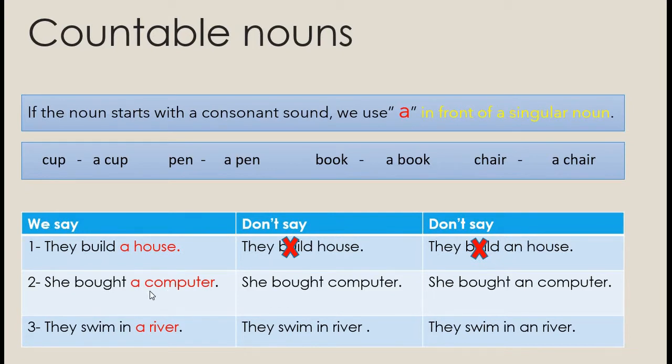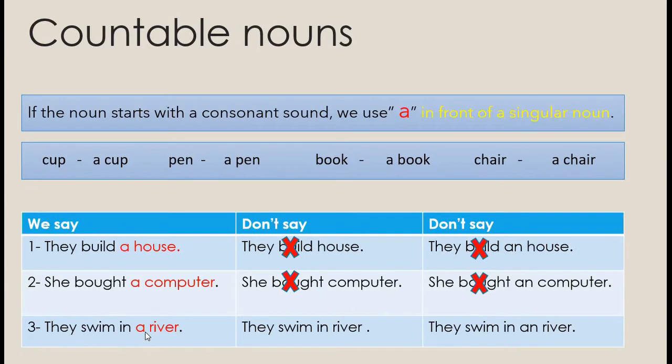We use a before it because it starts with a consonant. She bought computer. This is wrong because we do not use it alone. We have to use a or an. If it starts with a consonant like this, we have to use a before the noun. She bought an computer. Also, this is wrong.